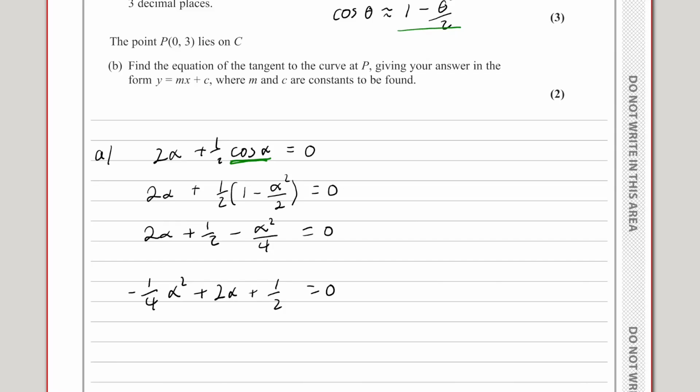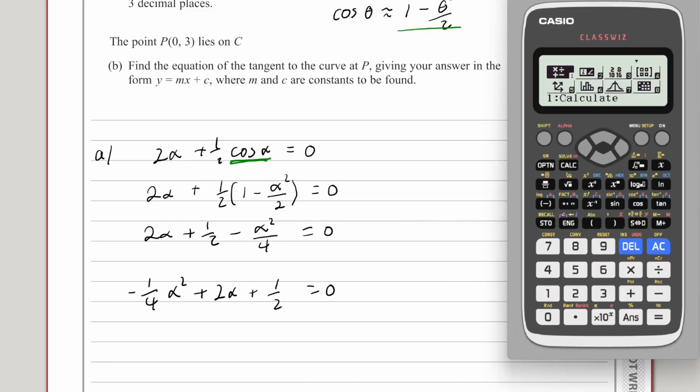And I'm just going to type this into my calculator to solve the quadratic. So polynomial degree 2, I've got minus a quarter x squared plus 2x plus a half. And I've got either 8.24 or negative 0.243.